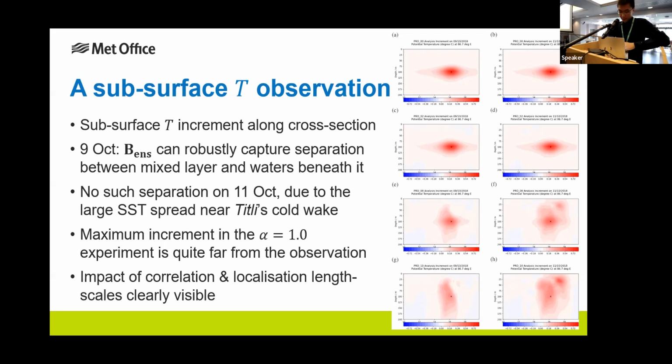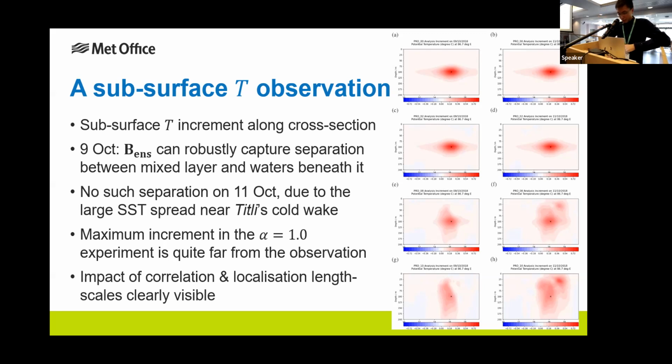So you can see that on the 9th of October, the BNs can also robustly capture a separation between the mixed layer and the waters beneath the mixed layer, which is expected of the ocean. But the BNs does not inherently have this property, while the B mod does.